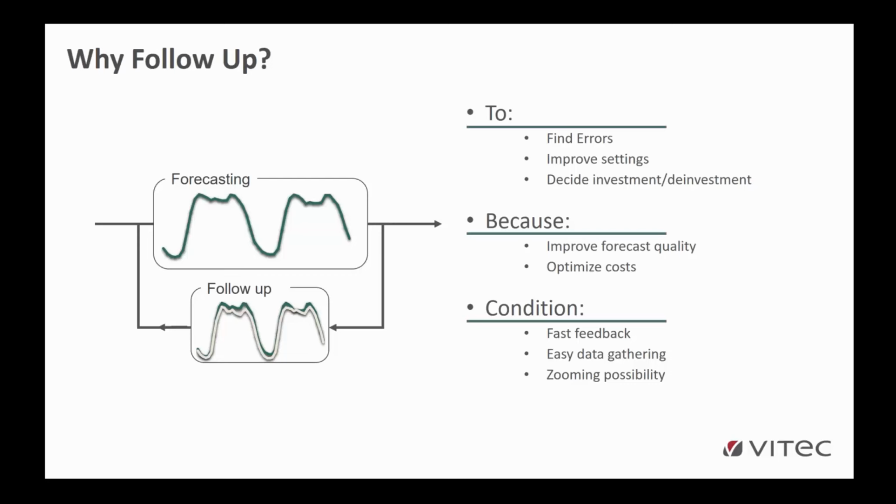And we do it to try to improve our settings. If we're thinking about investing in a new weather provider, it's a good way of evaluating a new provider and to optimize costs, to see if we can utilize two to get even better forecast accuracy, and that way improve our forecast.